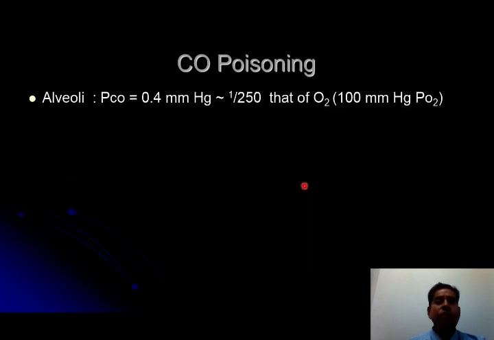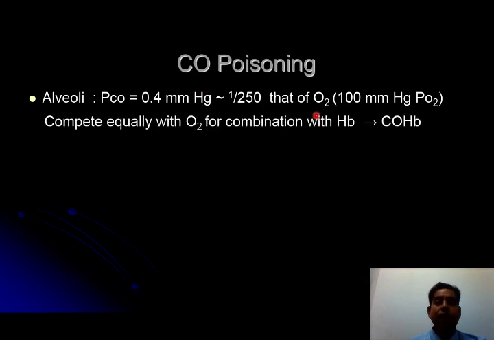So in case of carbon monoxide, you find that in the alveoli, very small amounts, like 0.4 millimeters of mercury, are adequate to cause this, but these are only 1 out of 250 times that of oxygen. But this is enough to be completely combined with hemoglobin. That means it will compete with the oxygen to combine with the hemoglobin.